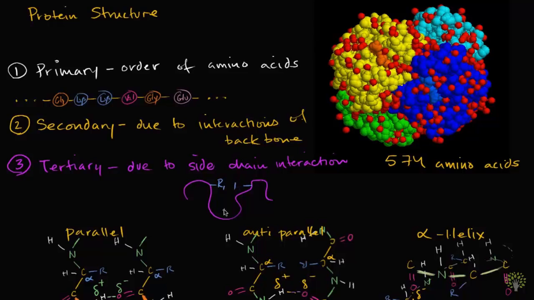Now, any protein that's made up of a single polypeptide is only going to have primary structure, secondary structure, and tertiary structure. But if we're dealing with something like hemoglobin that's made up of more than one polypeptide, then we're going to talk about quaternary structure.